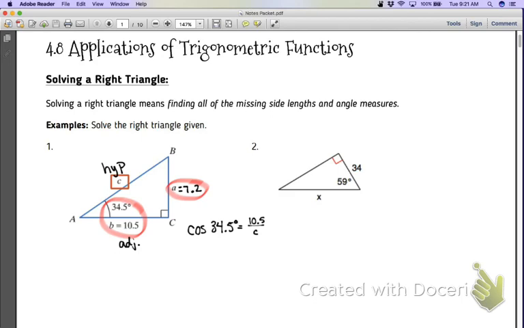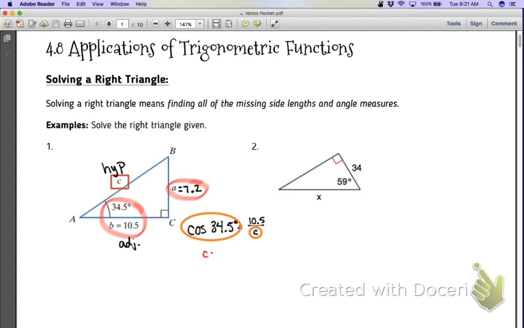Now, we could do the long version of this, and multiply both sides by C and have C times cosine of 34.5, and then divide everything by cosine of 34.5 degrees. The shortcut is, if your variable is in the denominator spot, then all you have to do is take whatever's on the left side and your denominator and switch places.